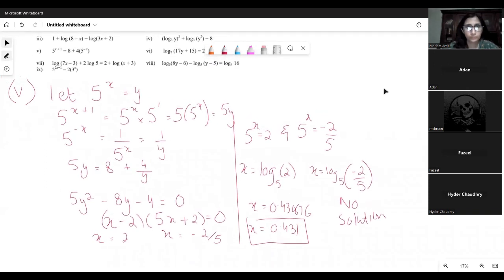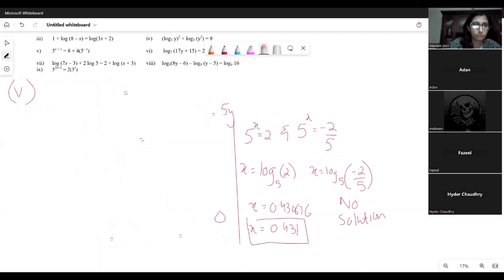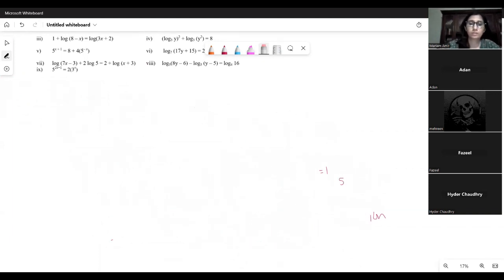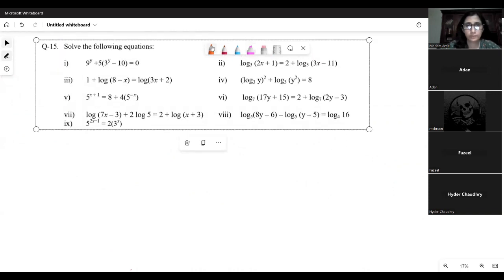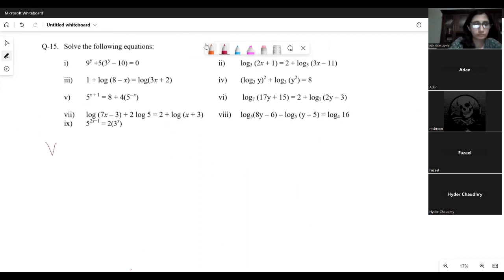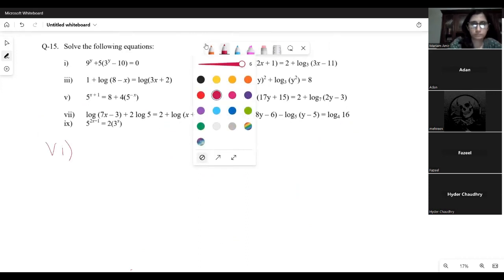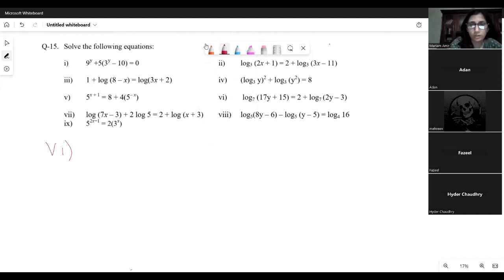Moving on to question 6, part 6. Okay, which is log base 7 of 17y plus 15 in brackets.